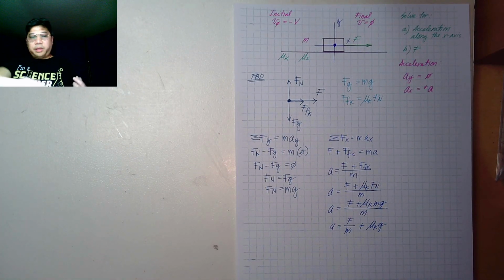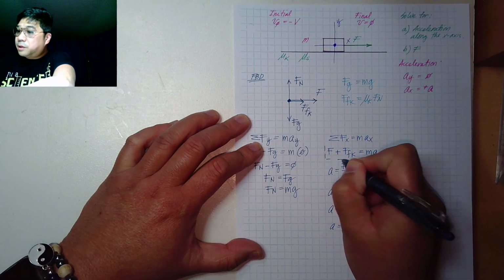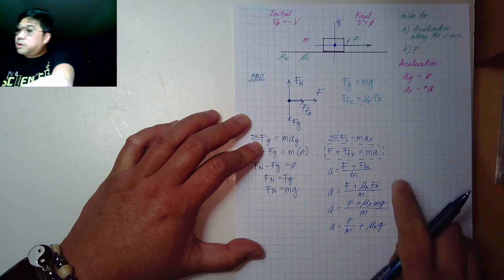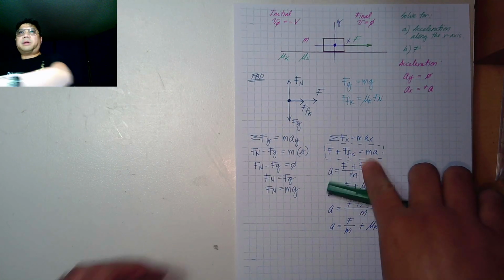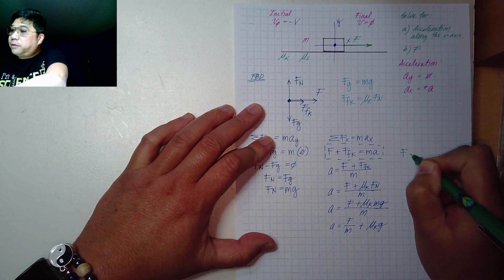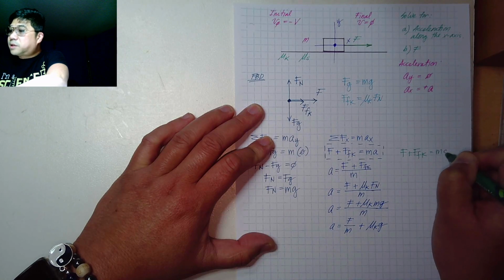Now, just like what we did in the previous section, let's use this form in our equation. So let's write it down: F plus Fk equals mass times acceleration.